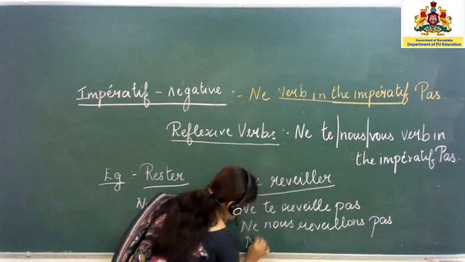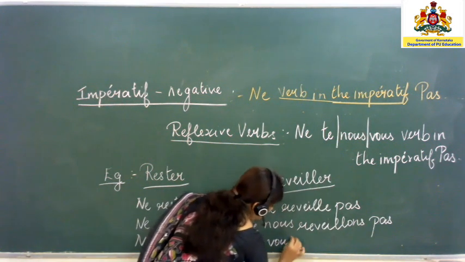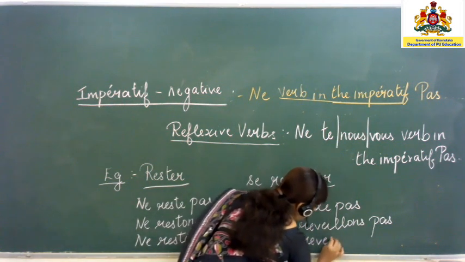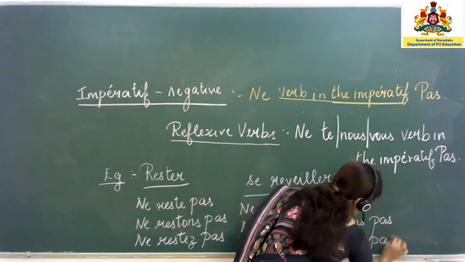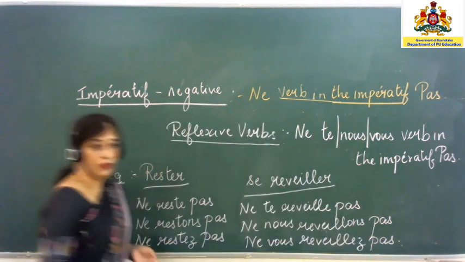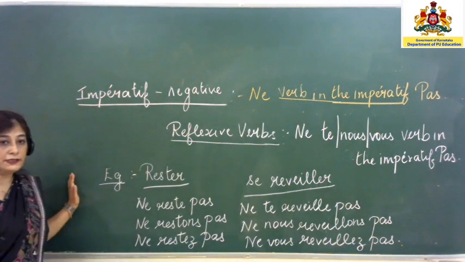And ne, vous, R-E-V-E-I-L-L-E-Z and pas. So this is how you form your imperative negative.